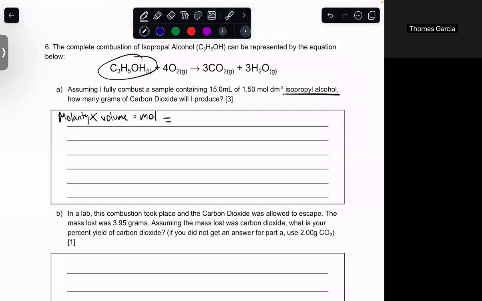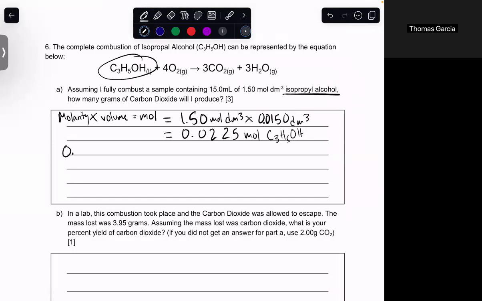That's 1.50 mole decimeter cubed times 0.0150 decimeters cubed. I will get a total value of 0.0225 mole isopropyl C3H5OH.